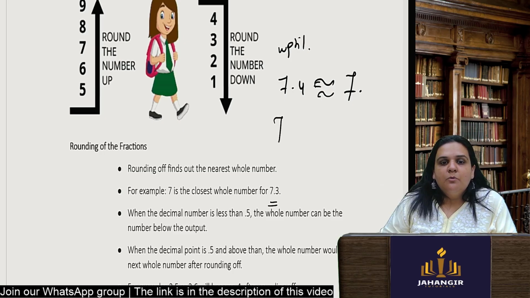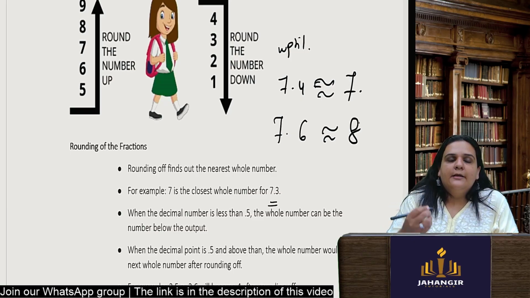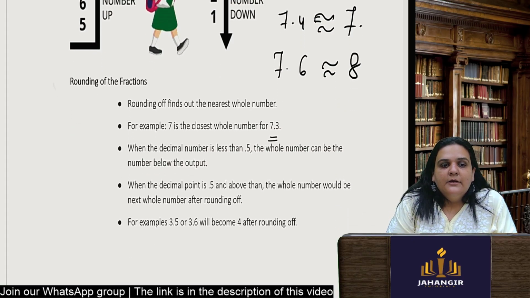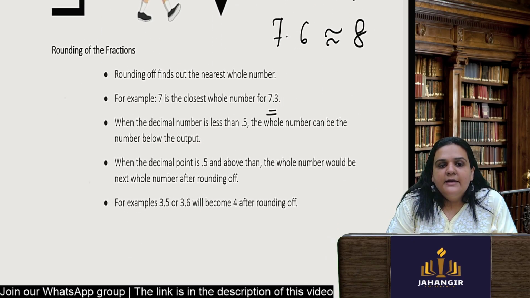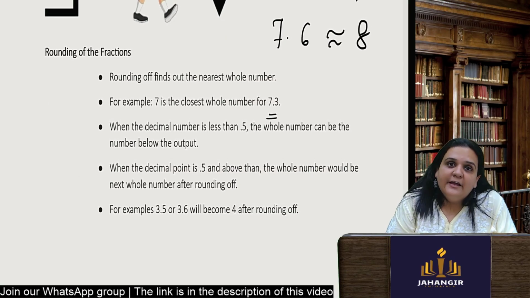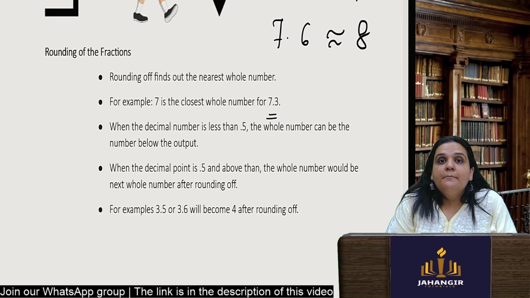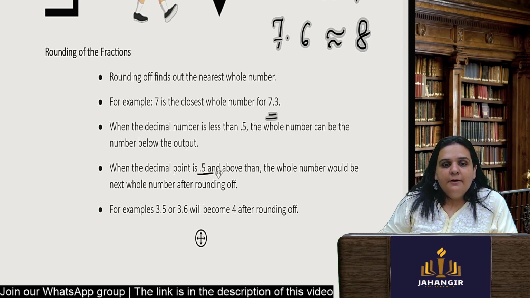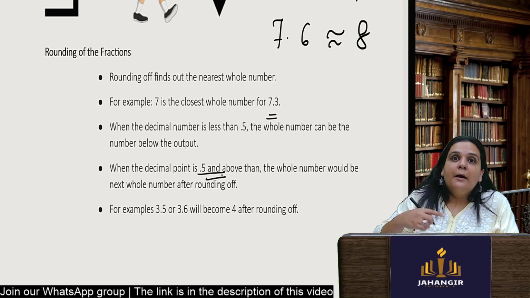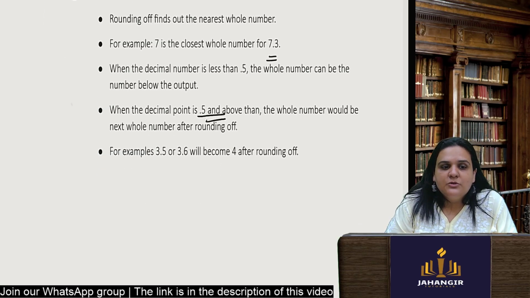But if it is 5 and more, then round it up to the higher number. So when the decimal part is less than 0.5, the whole number stays the lower one. But if it is 0.5 and above, then it becomes the next whole number.